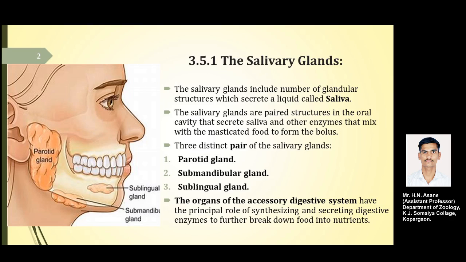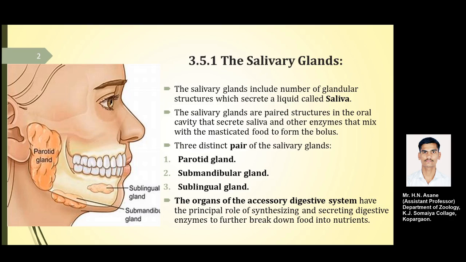The mode of secretion is the merocrine type. The salivary glands can be classified by the types of cells present in them, such as mucous cells, serous cells, or mixed glandular cells.